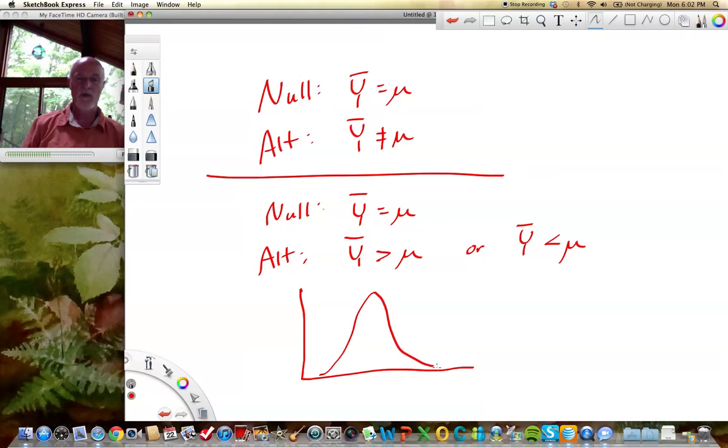So sometimes you will want to test what is the probability of getting a y bar in a particular direction from mu? All right, and so if we do that, let's say we want to do a one-tailed test. Really, we're asking then, is y bar in this region, where this is 0.05, and we don't care about this region over here. Okay, that's uninteresting to us because we're asking whether y bar is greater than mu.